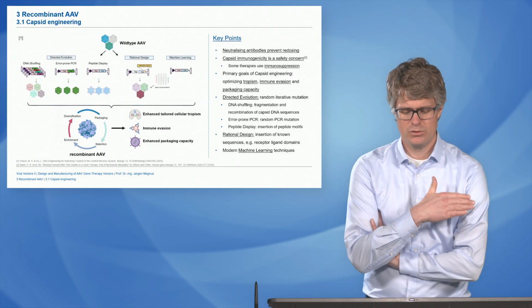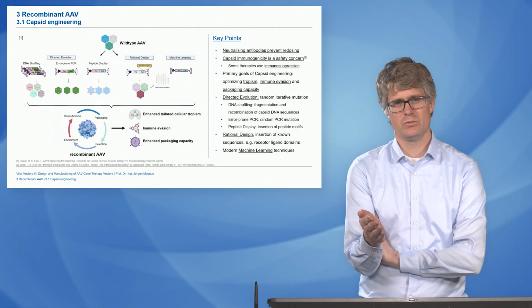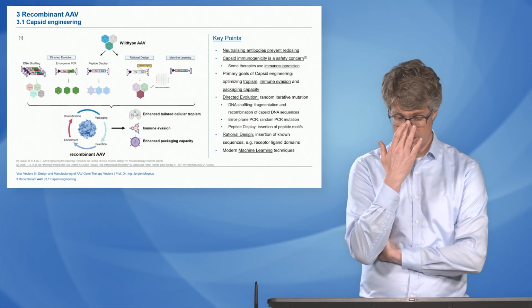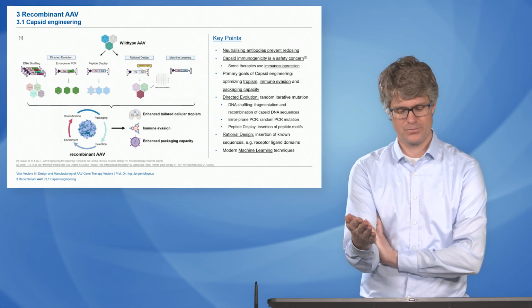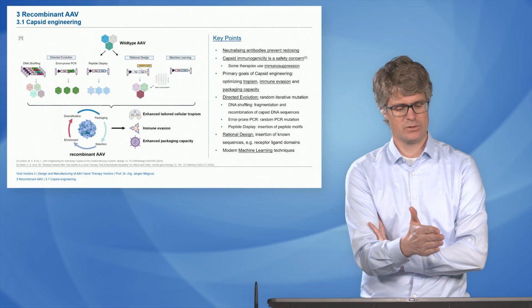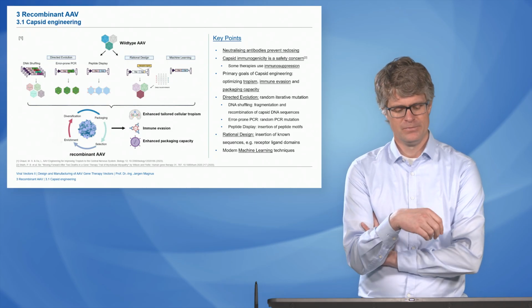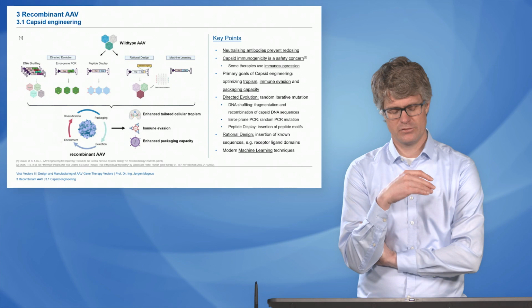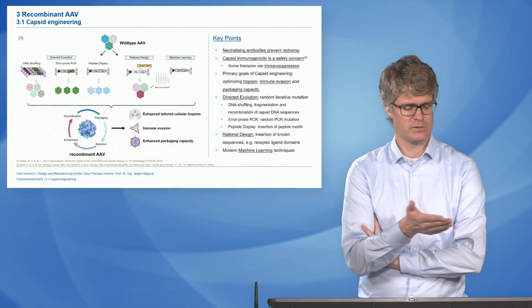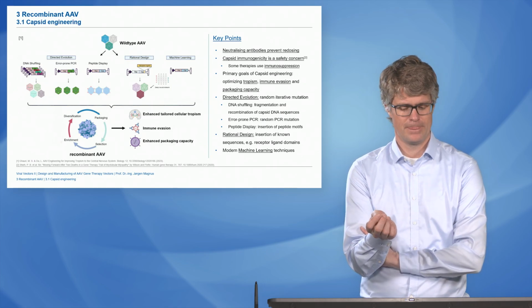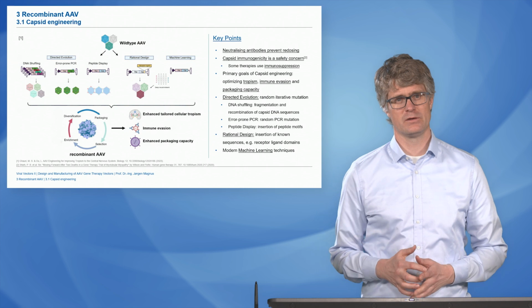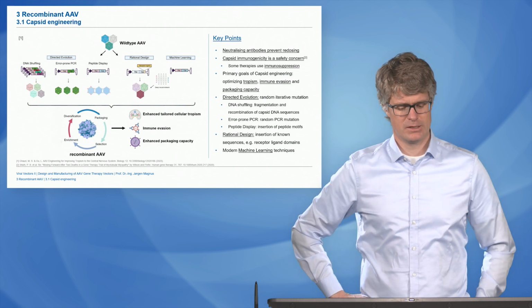Also, it's important to avoid the immune system, because when you inject virus into the body, in principle, your immune system would respond and defend itself against this virus. And therefore, trying to avoid the immune system of the patient would also be an important feature of the capsid.